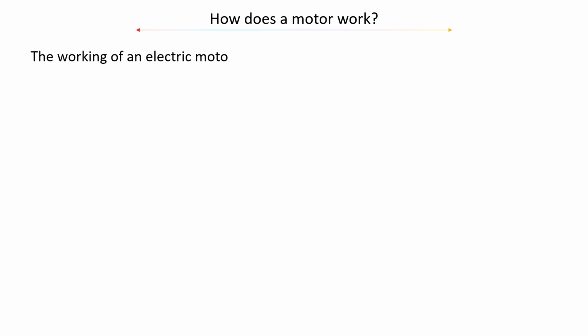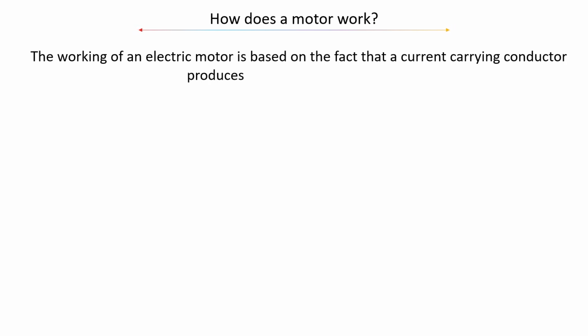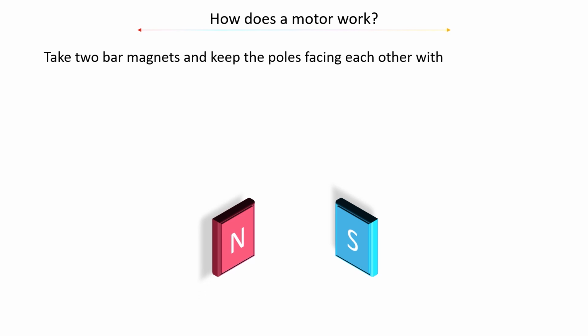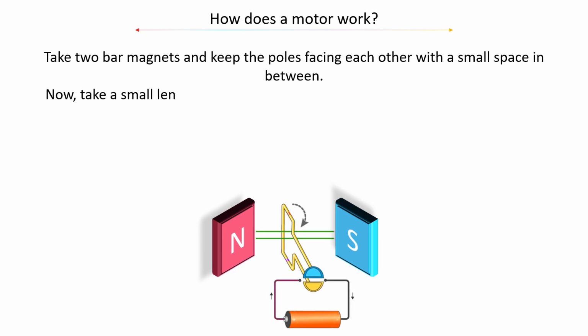So now let's see how does a motor work. The working of an electric motor is based on the fact that a current carrying conductor produces a magnetic field around it. Take two bar magnets and keep the poles facing each other with a small space in between. Now take a small length of a conducting wire and make a loop.